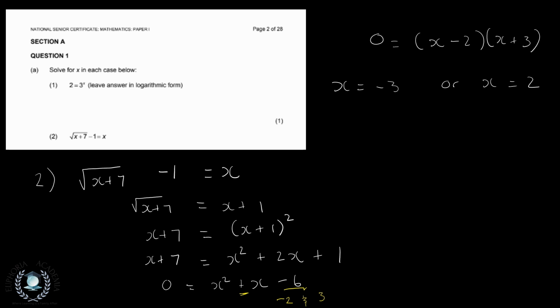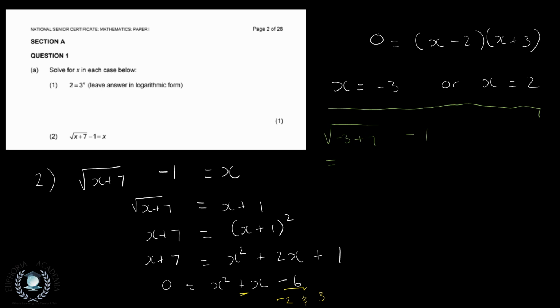Now, like I said in the beginning, we need to check if our solutions are valid. Let's start off with -3. This is just me checking on the bottom here. If x is equal to -3, let's substitute that into our square root. We're left with that, and that should equal -3.